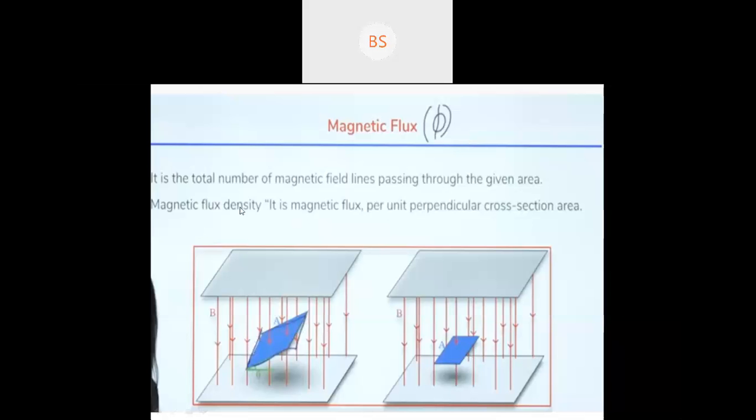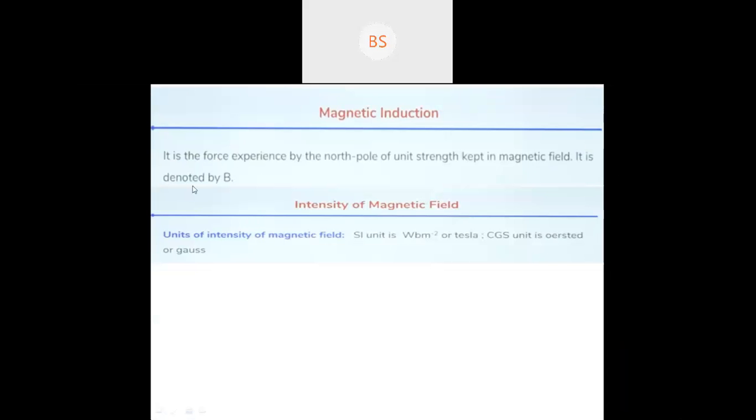What is magnetic flux density? It is the magnetic flux per unit perpendicular cross-sectional area. For example, this is the magnetic field and this is the area. The perpendicular cross-section area is called magnetic flux density. These are some terms that you should know. It is the force experienced by a north pole of unit strength kept in a magnetic field.